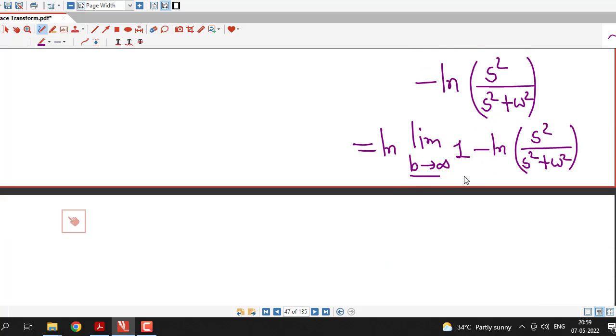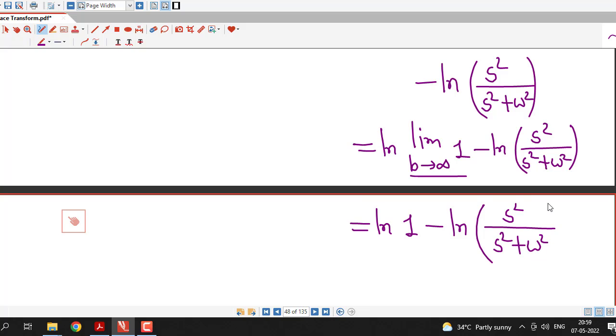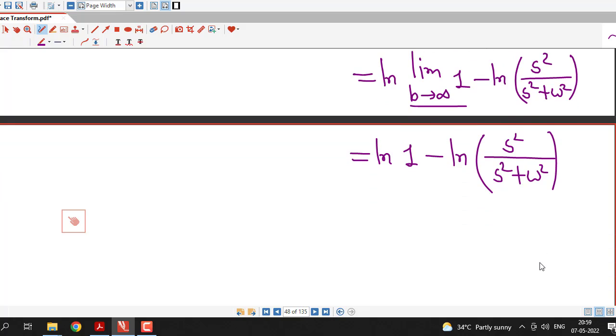The limit of 1 is 1, so we have logarithm of 1 minus log of s square divided by s square plus omega square, and because this is natural logarithm, log 1 is 0, and finally we have minus log of s square divided by s square plus omega square.